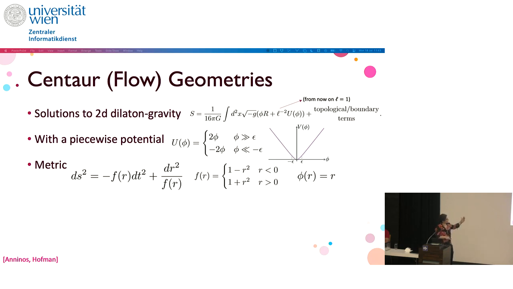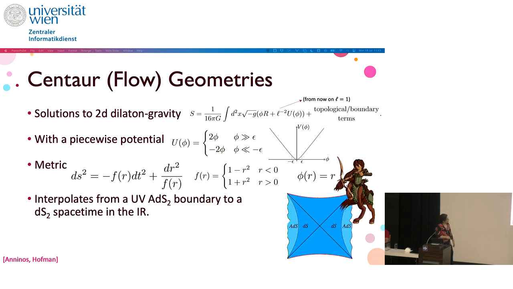So essentially a two-dimensional metric, which looks like de Sitter space below a certain value of the radial coordinate and anti-de Sitter space above it. And as you can see in this Penrose diagram, essentially we have embedded the de Sitter bubble inside ADS in this way. So the de Sitter is in the infrared, the ADS2 is in the UV.